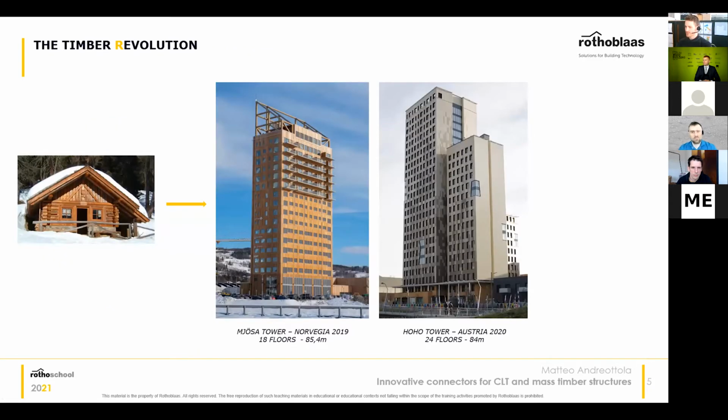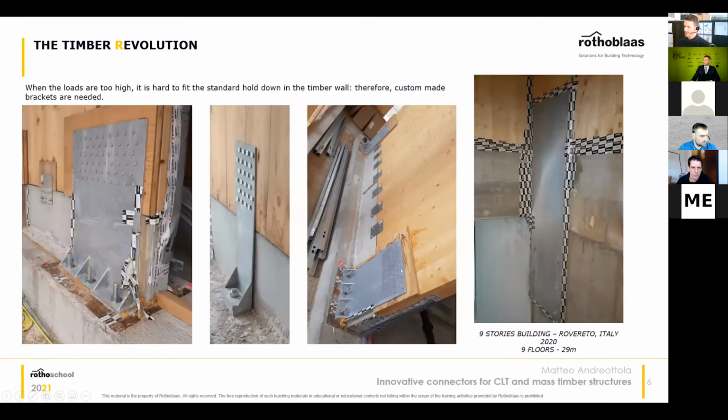So just for a start, nowadays we are not only building private structures with timber, but we are going towards very big structures, multi-story structures like the one you can see in the right. So this is possible thanks to the innovative materials, like for example CLT.